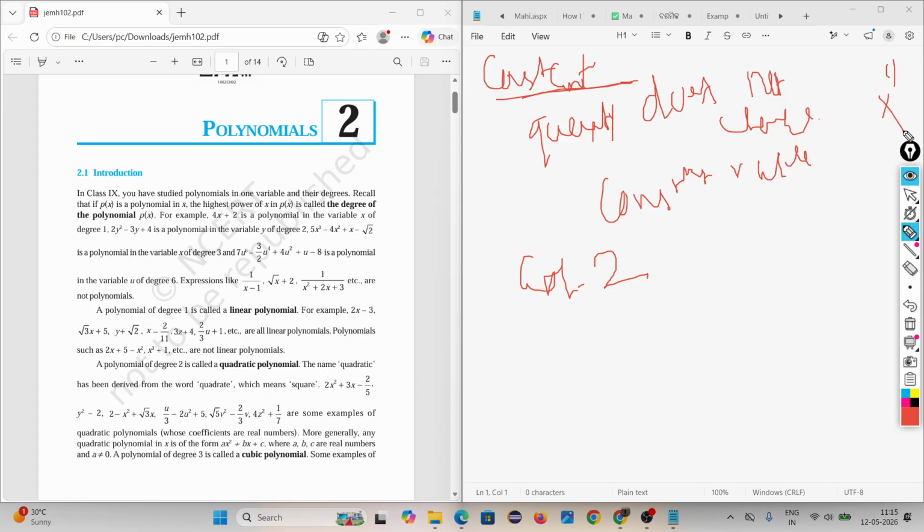If I am telling x students, here the value is not fixed: x may be 1, x may be 2, x may be 3, anything. But when I am telling constant, that means the value is fixed. 2 is fixed, 3 fixed, root 2 also. We know the value of root 2, 1.414. These are all called constants.